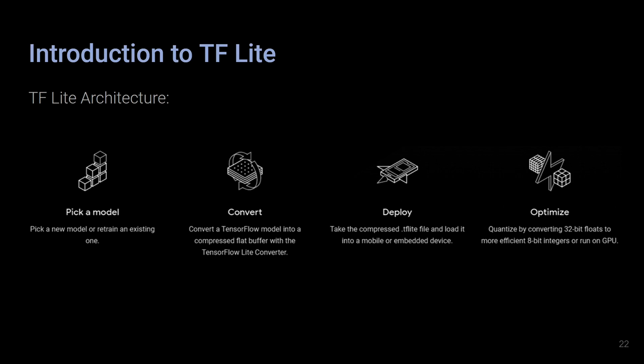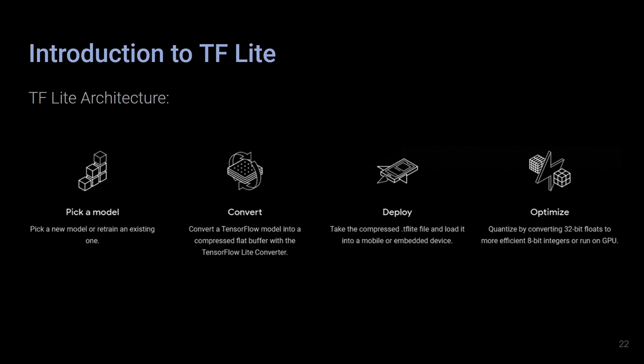Next, the third step of the pipeline corresponds to deploying the .tflite file in the edge device, loading it and running it using tflite's interpreter. Finally, based on the performance presented by the model, it's possible to apply optimization techniques and deploy an even better .tflite file.